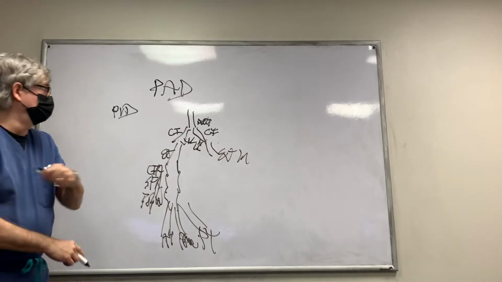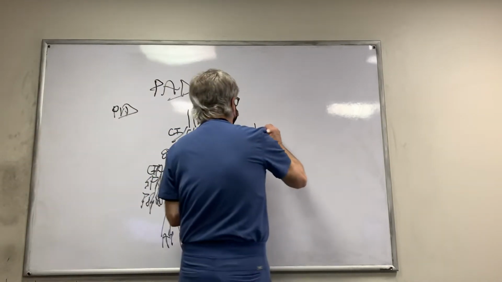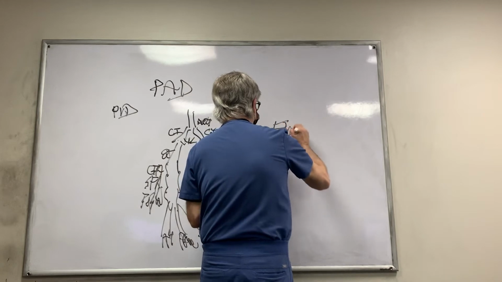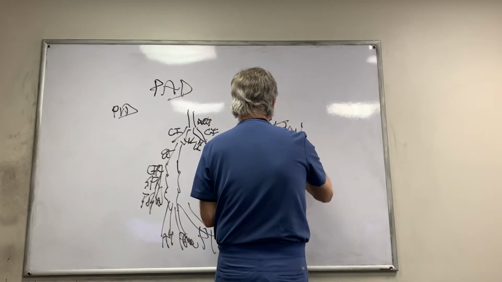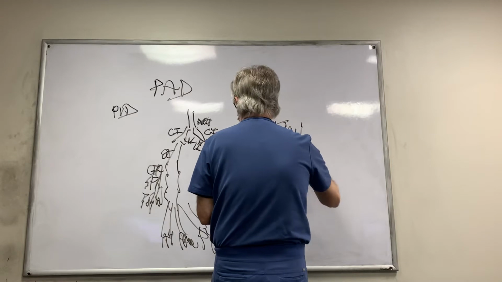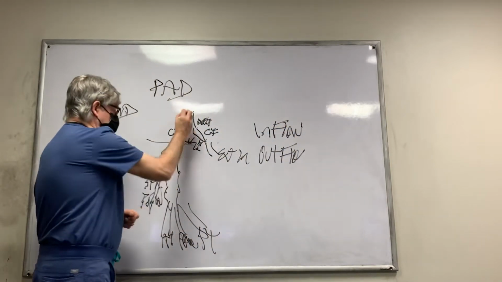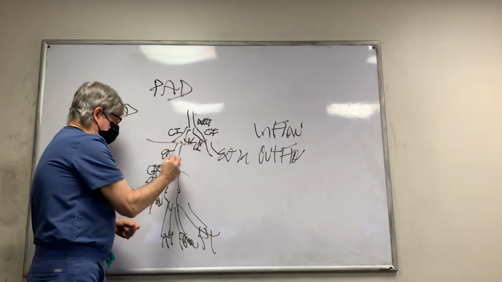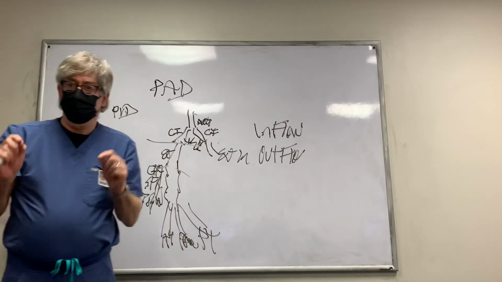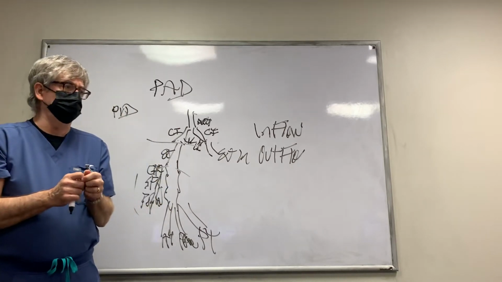This is the leg. You can divide peripheral arterial disease into inflow disease and outflow disease. Inflow is aorta, iliac; outflow is the femoral, anything down. Okay, it's important to make these distinctions.